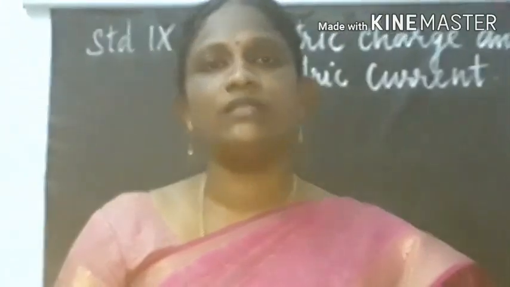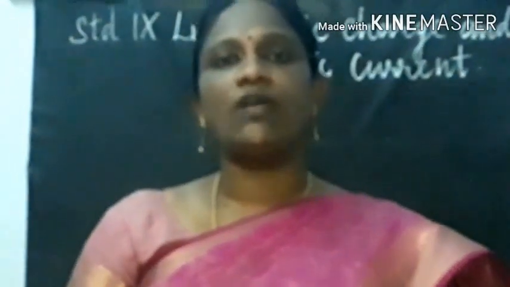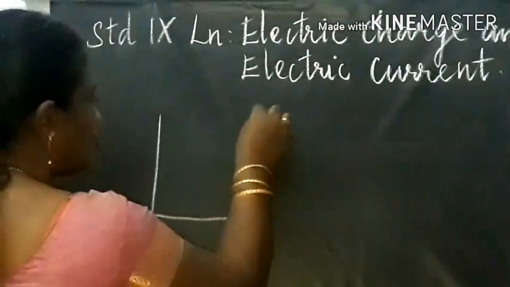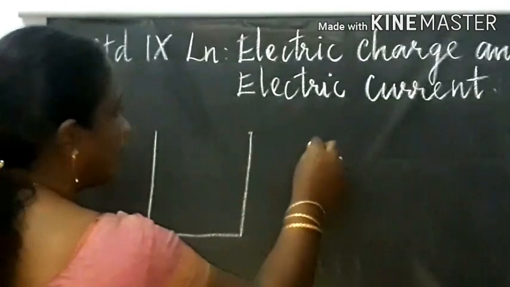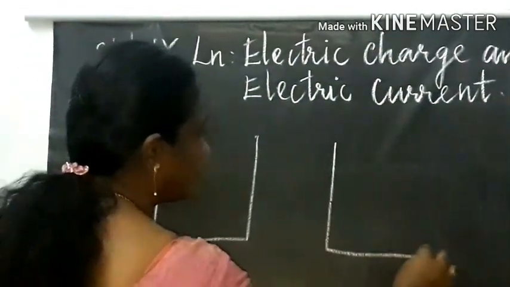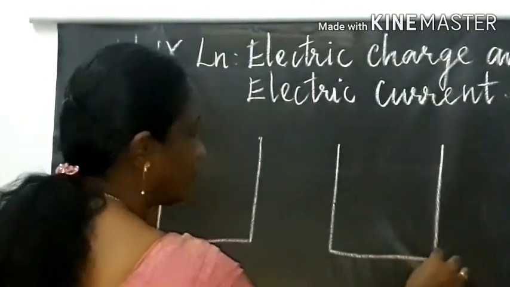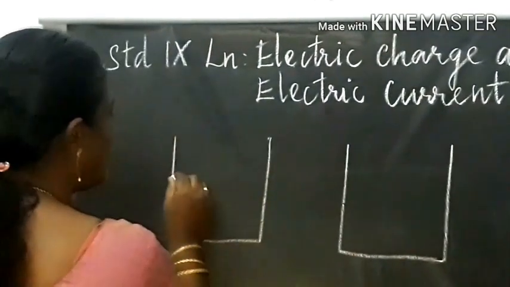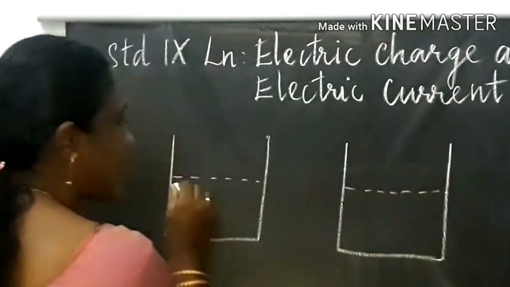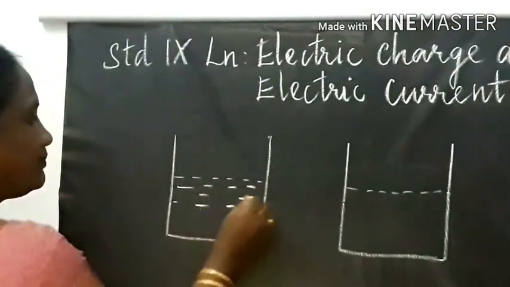Now you imagine you have two beakers of water. Consider you are having two beakers of water and in both the beakers you have the same level of water.